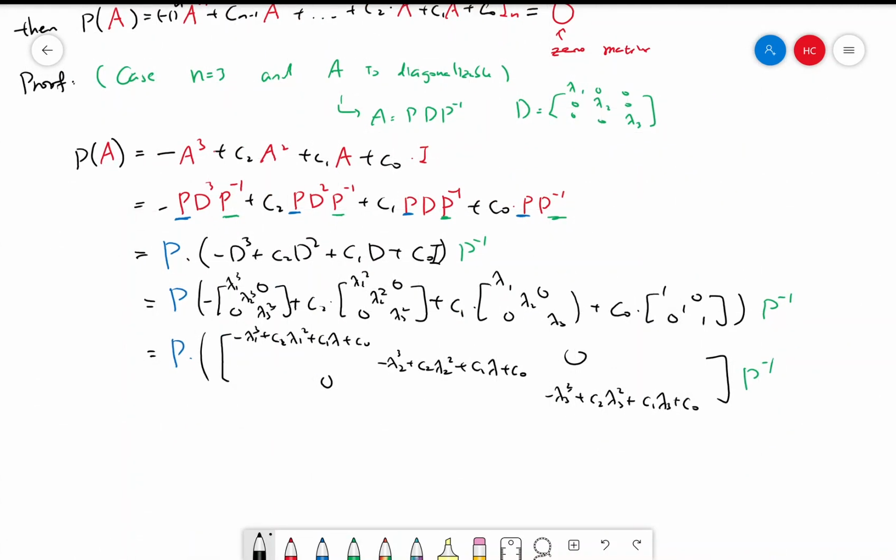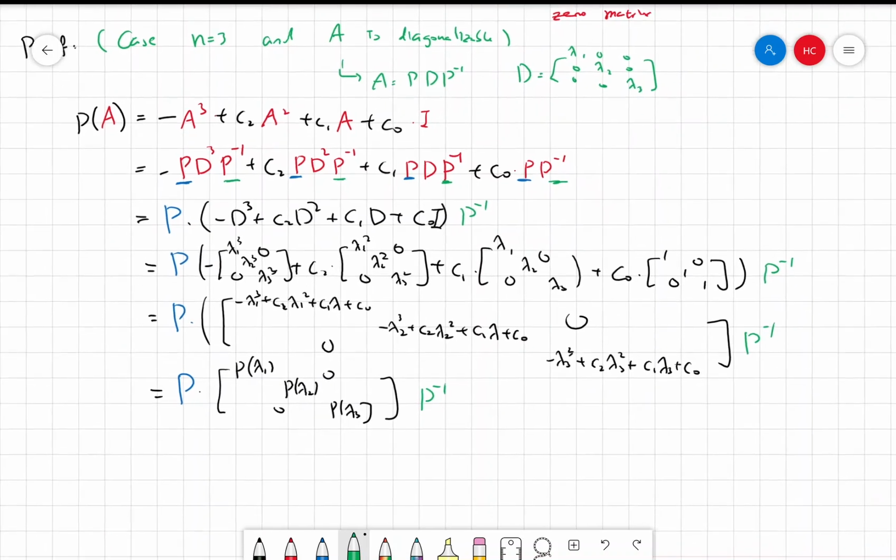But remember these coefficients come from the characteristic polynomial. So these diagonal entries are literally P of lambda 1, P of lambda 2, P of lambda 3, times P inverse.